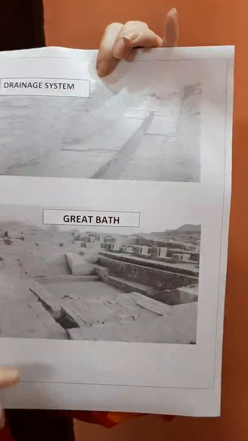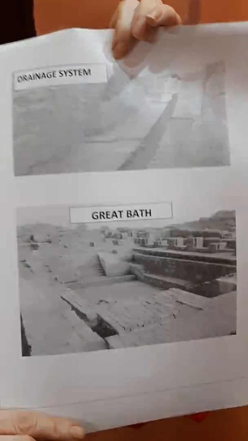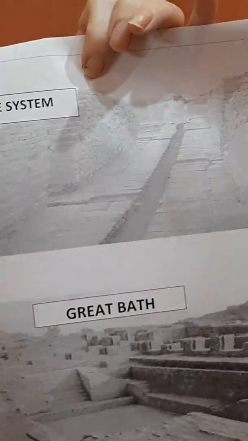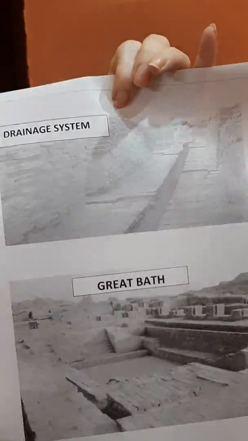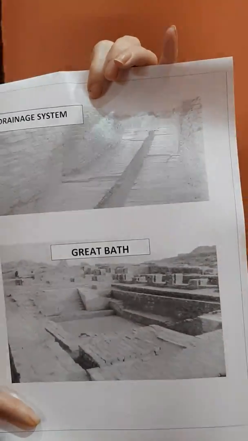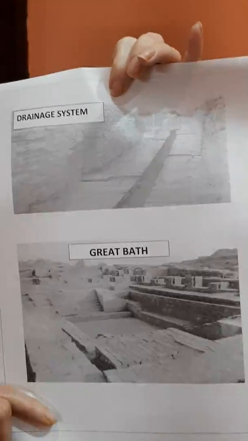An important feature of this civilization is the drainage system. We have drainage throughout the civilization in various sites, whether it's Mohenjo-daro or Harappa. The drainage system is a very important feature of modern town planning also.